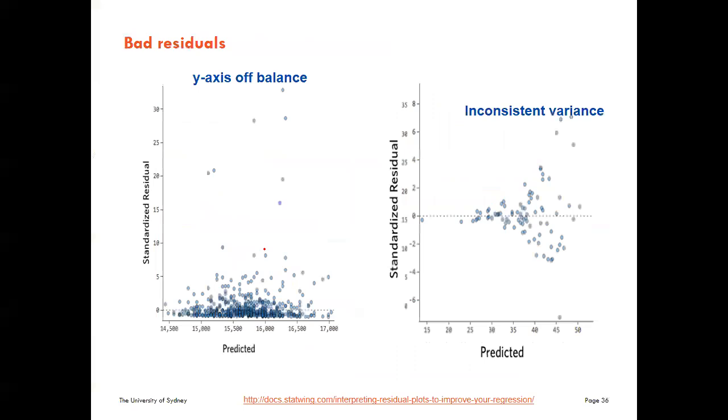So if you trained a machine learning model and you have plotted it, and you get this kind of plot where you have very few values below the 0 and a larger number of values above on the y-axis, then your model is no good.